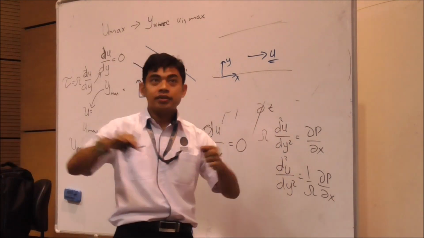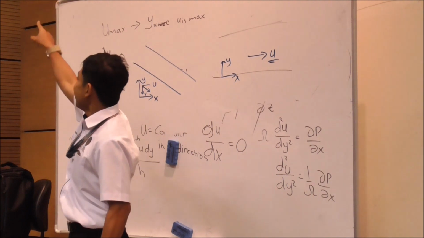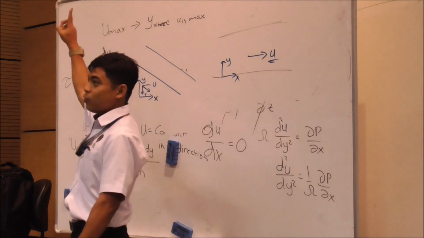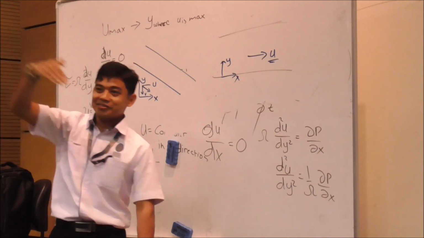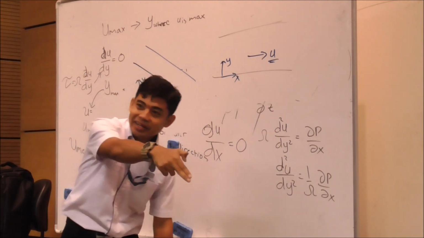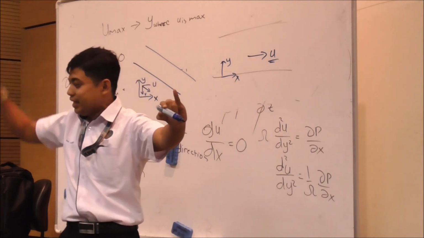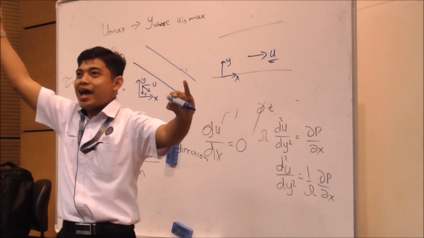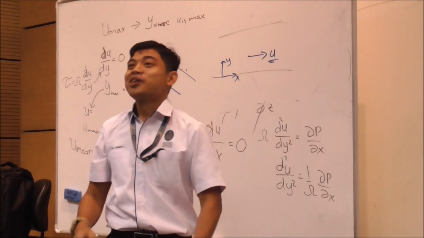Remember, in this room, we already said this one is my x, that one is my y, and that one is my z. We do not want to change it. Now the flow is changing that way. Since it's moving that way, it has velocity in the z component, and it has velocity in the x component. Do you want to do that?